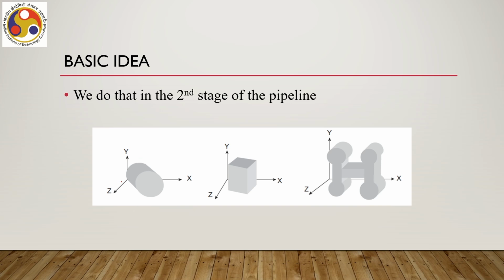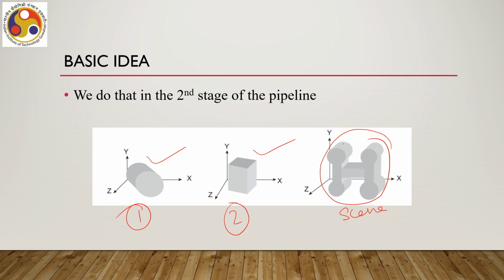So, suppose we have object 1 and object 2, each having its own coordinate system as shown here. Now, using these two objects, we are constructing a scene which comprises this shape resembling the English letter H. As you can see, in order to construct this H, we have used multiple instances of object 1 and object 2, and that too in different shapes, sizes, orientations and so on.